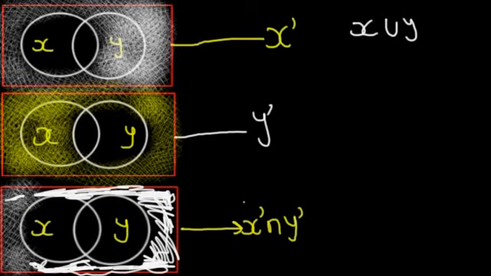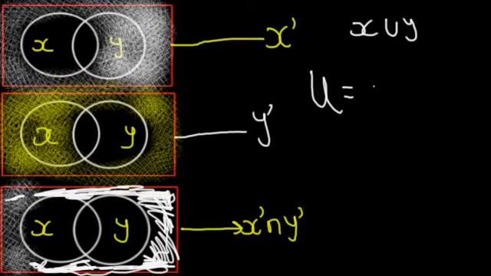If you have to shade x union y, it means you have to shade both of them together. If you have one circle and another one and you are required to shade x union y, it means you have to shade everything. Now we can conclude that the universal set U is equal to x prime intersect y prime, which is the outer part of the two circles.